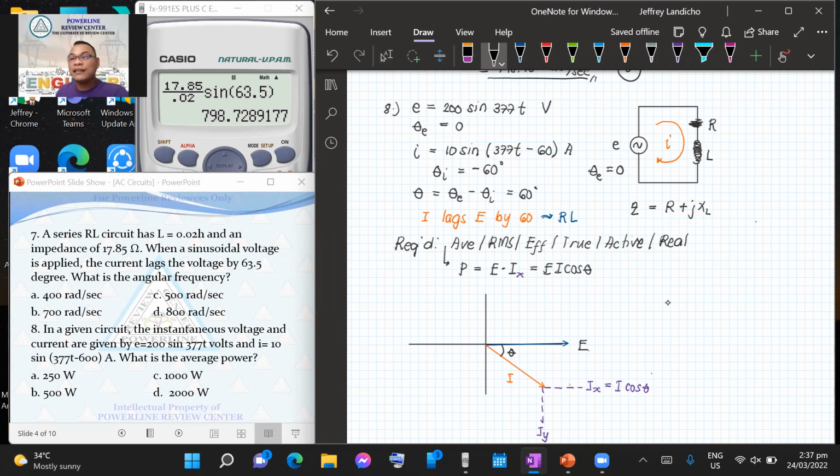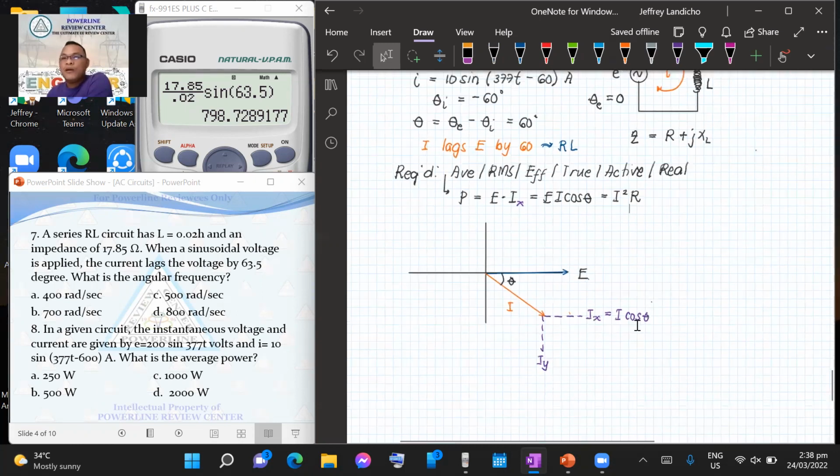We only added cosine theta because we need the real component of the current, which is also the same as the power absorbed by our resistance, I squared times R. It is the same. So that would be our real power, which is also known as the average, RMS, effective, true, active, and real power.